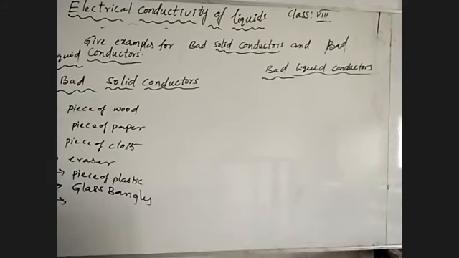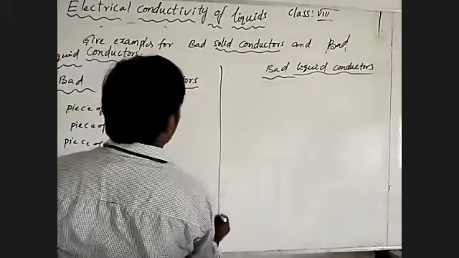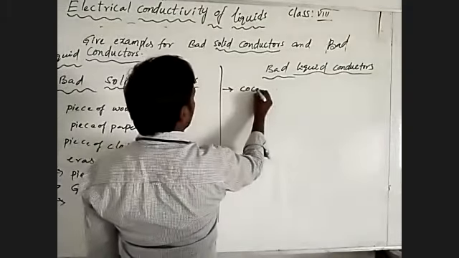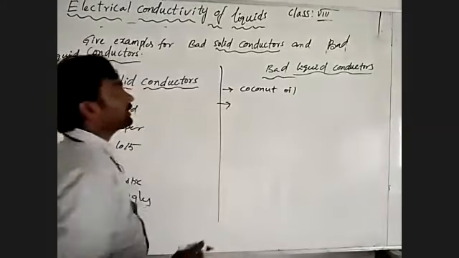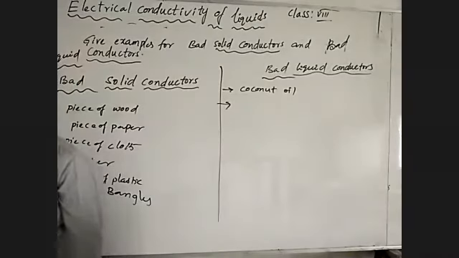Okay, and still whatever you can write, which does not allow electric current through them, which does not give glow. The same, we can write coconut oil, liquid coconut oil, not giving glowing of the bulb. Those are not good conductors.